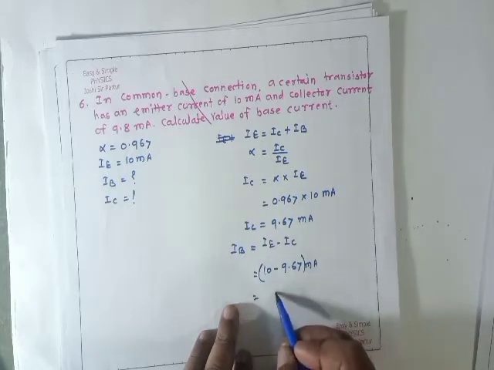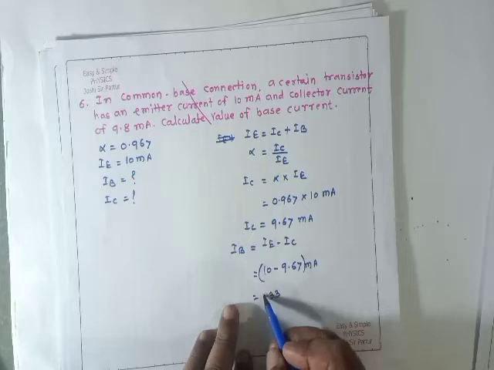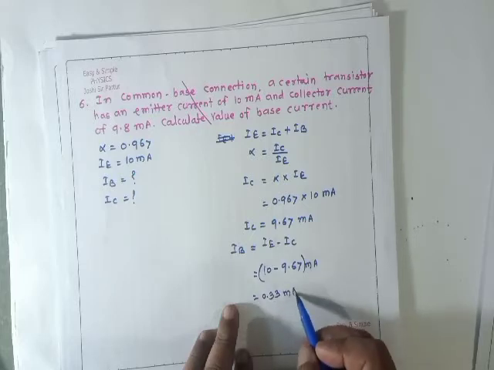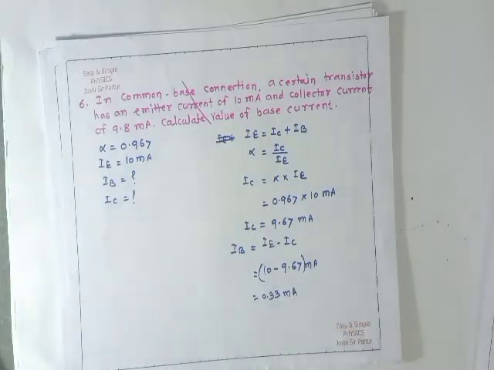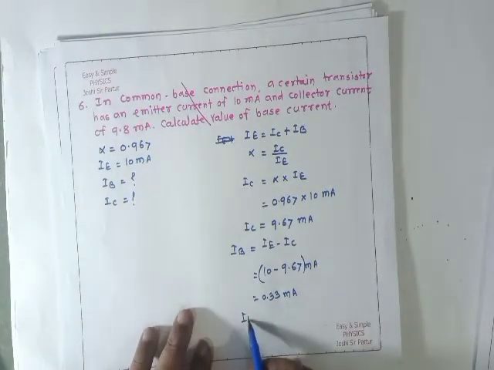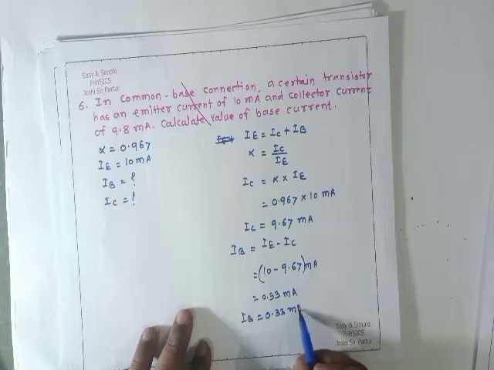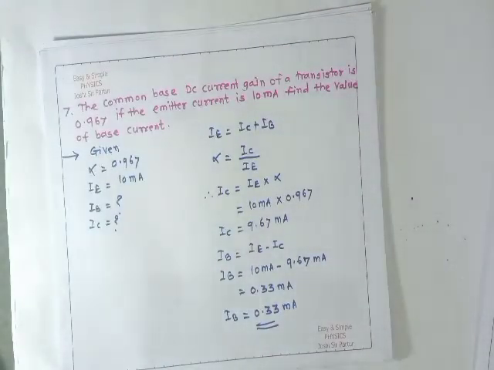So that gives 0.33, means the base current will be 0.33 milliampere. So that will be the same as problem number 7.